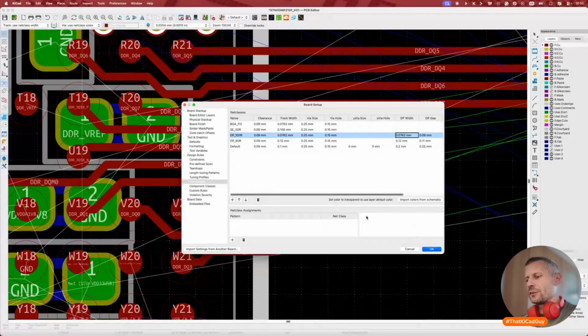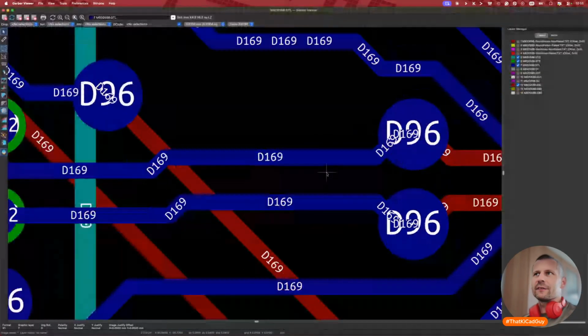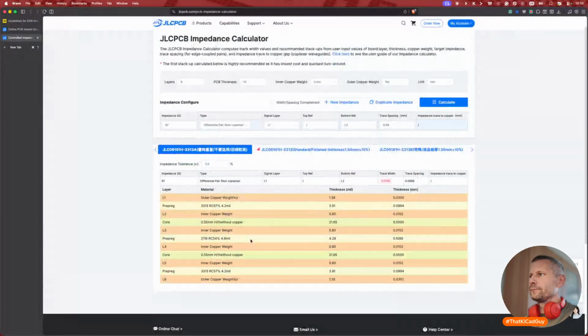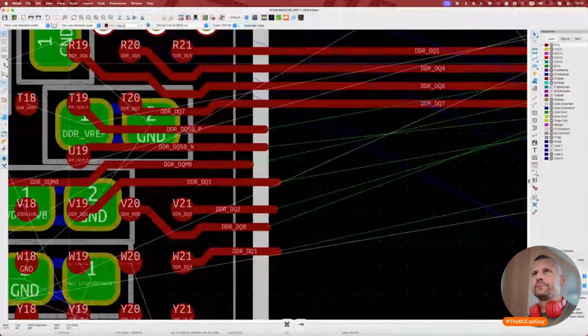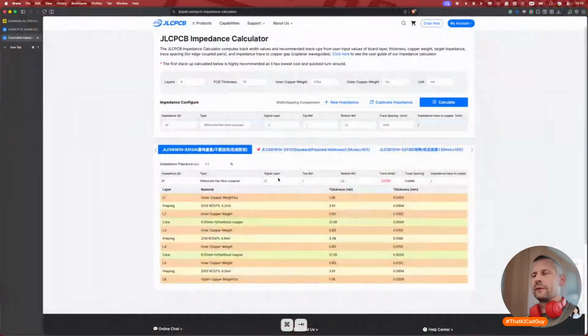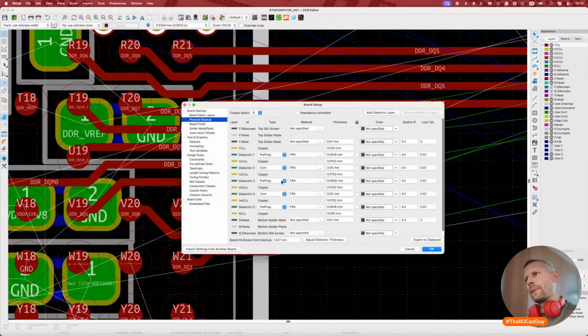So this is the same strategy as the reference design had. The same thicknesses and the same clearance. I just need to check the stack up because it's the first one, the 3313 here.